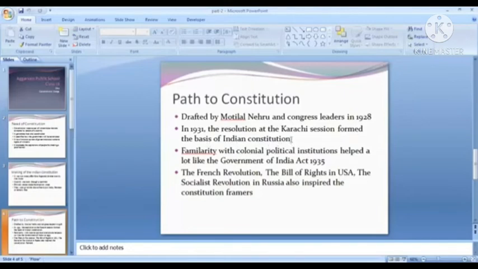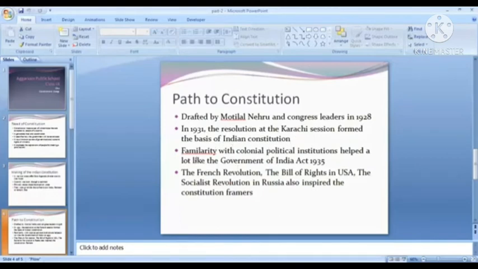Mean the meeting of the INC, the Indian National Congress, the annual session of the INC, in 1931 occurred in Karachi. And in this Karachi session, the resolution formed the basis of the Indian Constitution.